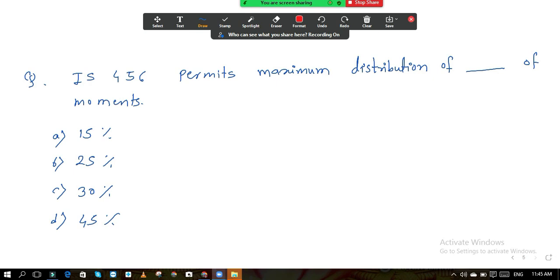See in the IS code. If you don't know the answer, please see in the IS code. In GATE exam or competitive exams, the IS code is also not allowed. So you should know all these clauses and all these things.